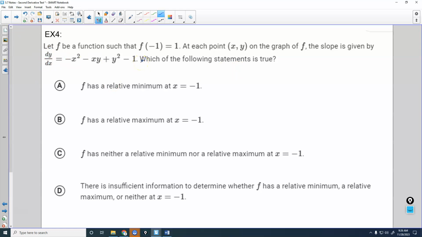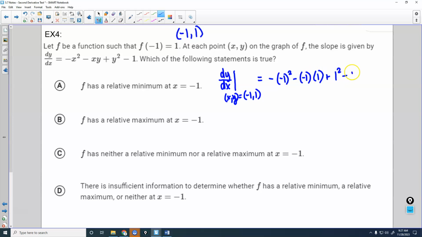So the first thing you need to do is check to see if the first derivative equals 0. If the first derivative does not equal 0, you do not have a point here. So they gave you f of negative 1 equals 1. So that means the point we're looking at is negative 1, 1. They gave you the y-coordinate that goes with this. So dy/dx at (x, y) equals (negative 1, 1) would be negative 1 squared minus negative 1 times 1 plus 1 squared minus 1.